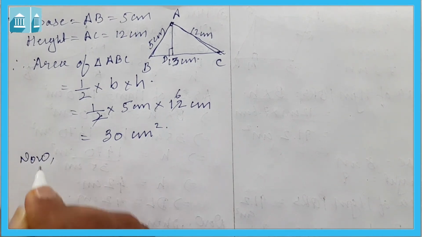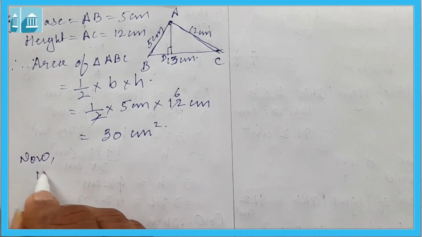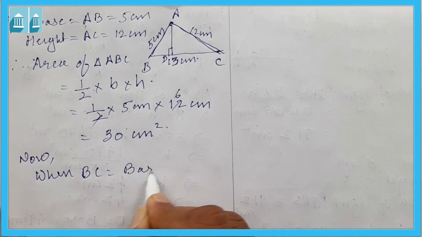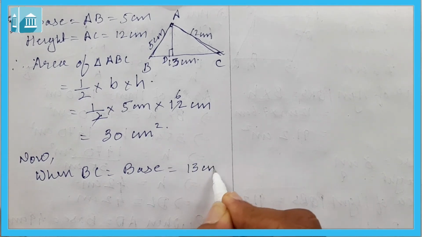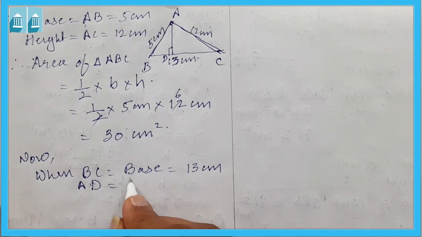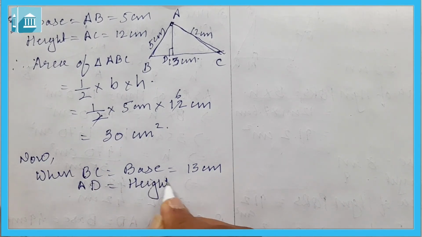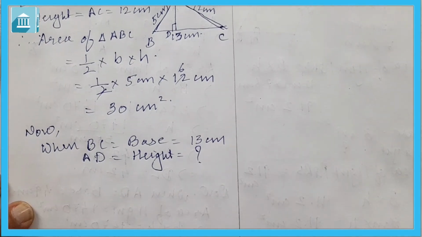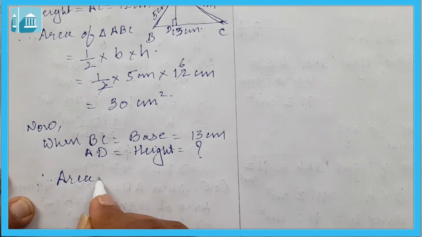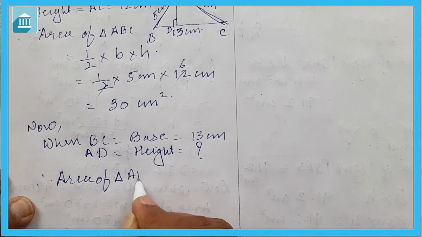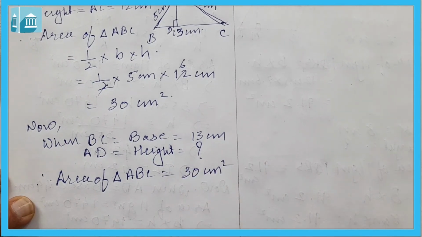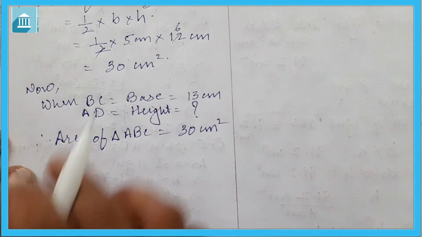Now when BC is the base, equal to 13 centimeter, AD is the height, which we have to find out. We know that the area of the triangle will remain the same. Area of triangle ABC is 30 centimeter square.